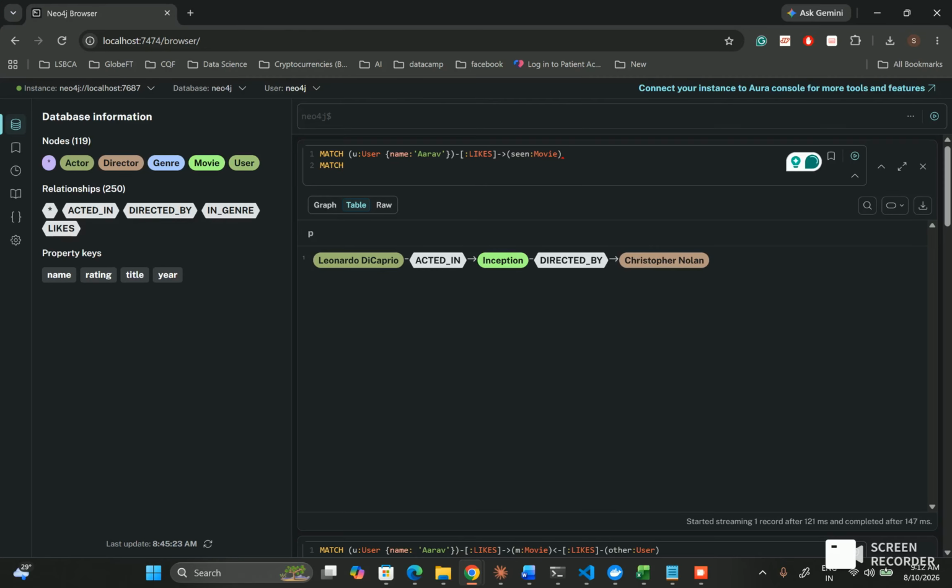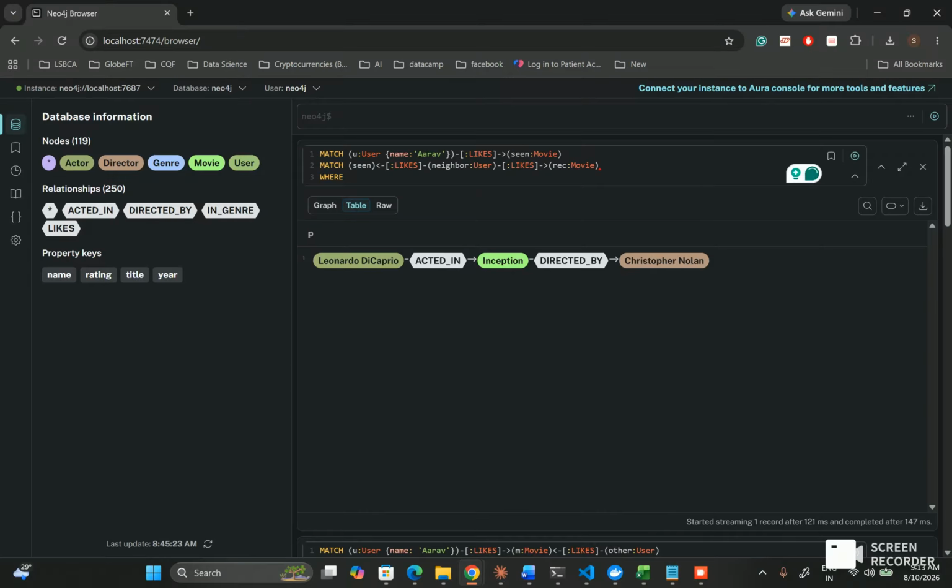Then MATCH the seen movie with LIKES, the neighbor user who likes it, and the recommended movie.